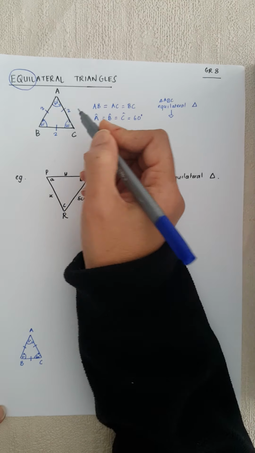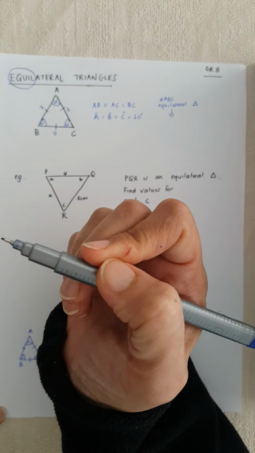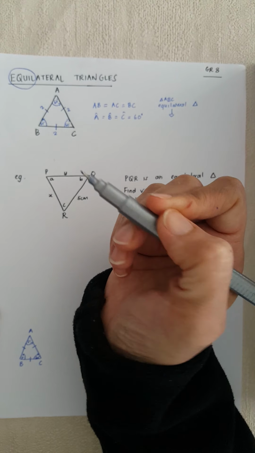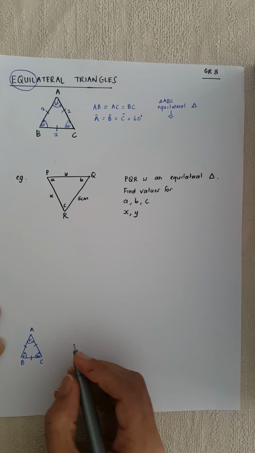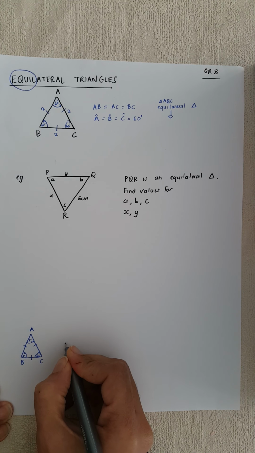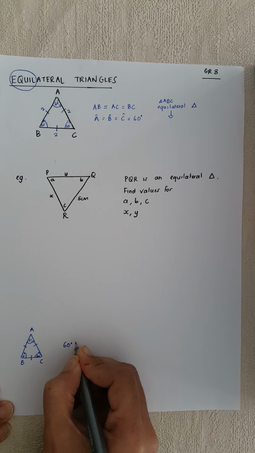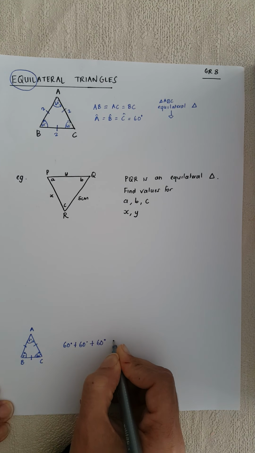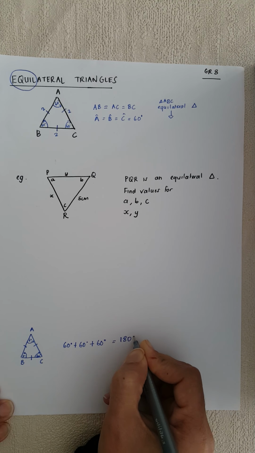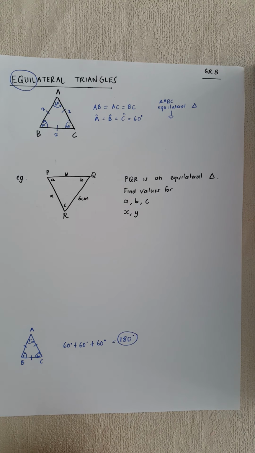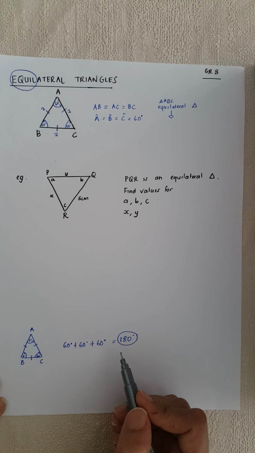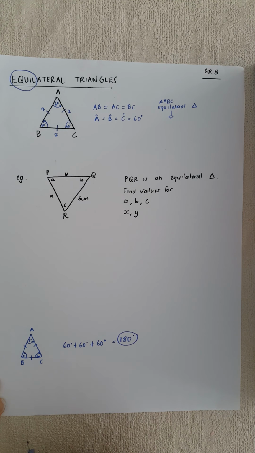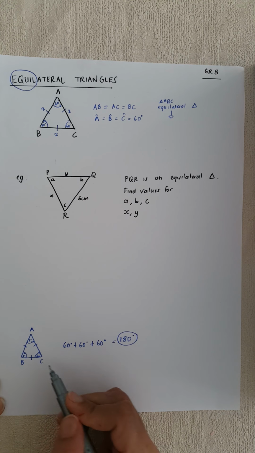So now let's add the angles up of ABC. 60 degrees plus 60 degrees plus 60 degrees gives me how much? 180 degrees. So can you see? It also proves the theorem that the interior angles inside a triangle are equal to how much? 180 degrees. But it's not always equilateral triangles.